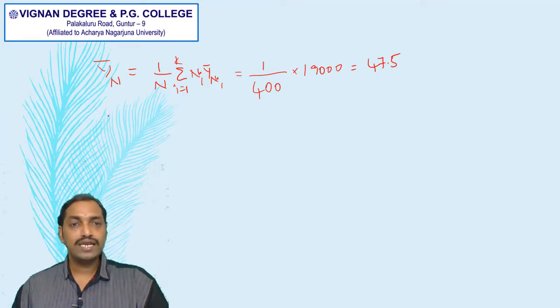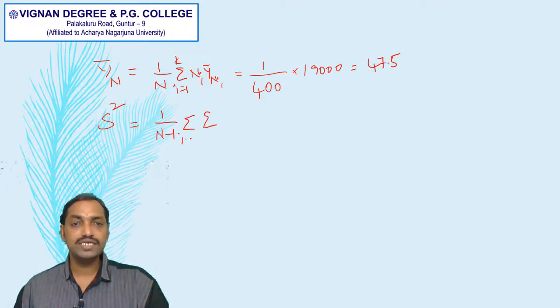Similarly, now calculate capital S square, the overall population mean square, which is equal to 1 by capital N minus 1 into double summation i equal to 1 to K and j equal to 1 to capital Ni into Yij minus capital Y N bar whole square.